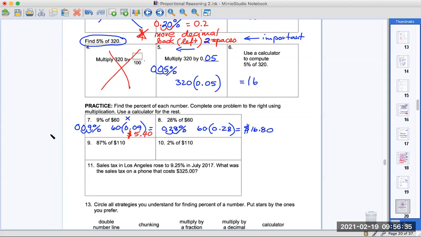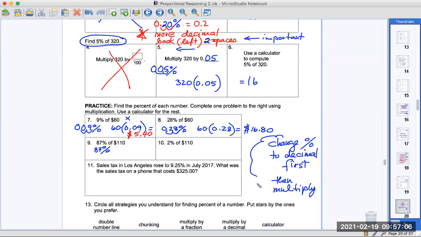Okay. All right, 87% of 110. Remember, 87% needs to be changed to a decimal first. So let's write: change percent to decimal, always. And then you multiply. Just to give you a reminder, give yourself little reminders in the margin of your book, because we forget.